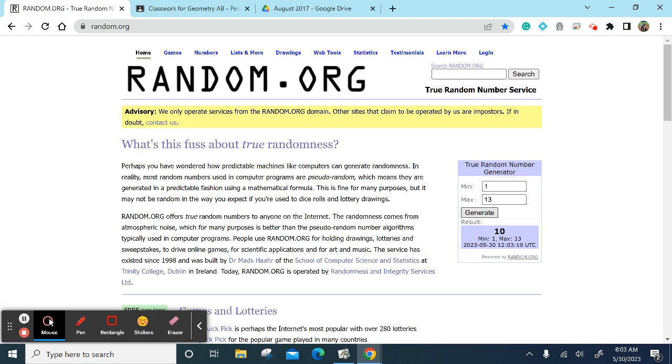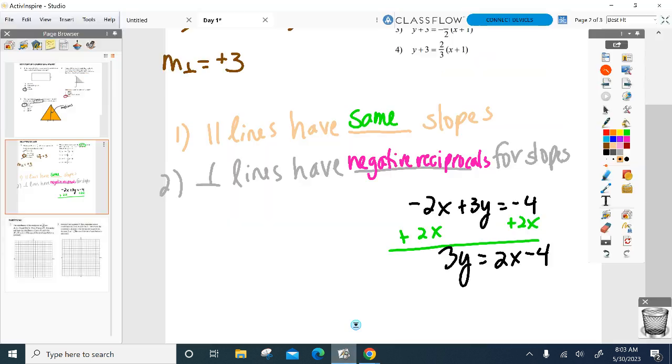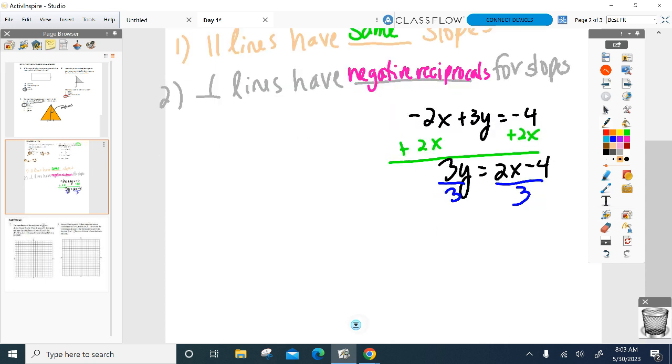Next step to get y by itself. Divide by 3, good work. All right, so in y equals form, 2/3 x minus 4/3. I don't care about the 4/3. Who cares? We're only looking for slope because we're dealing with parallel lines.